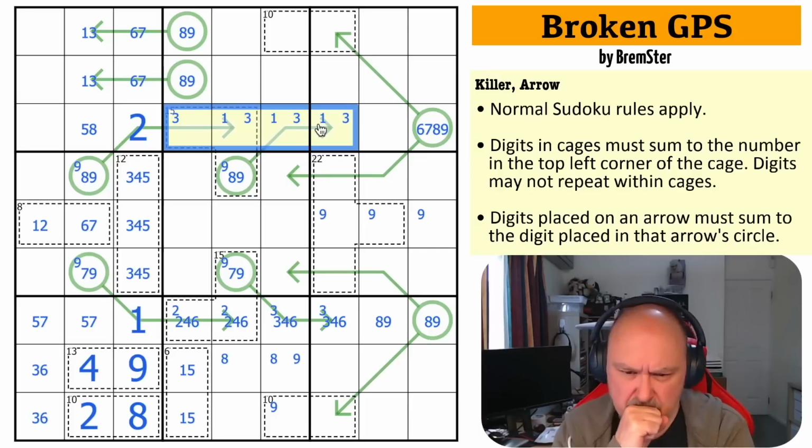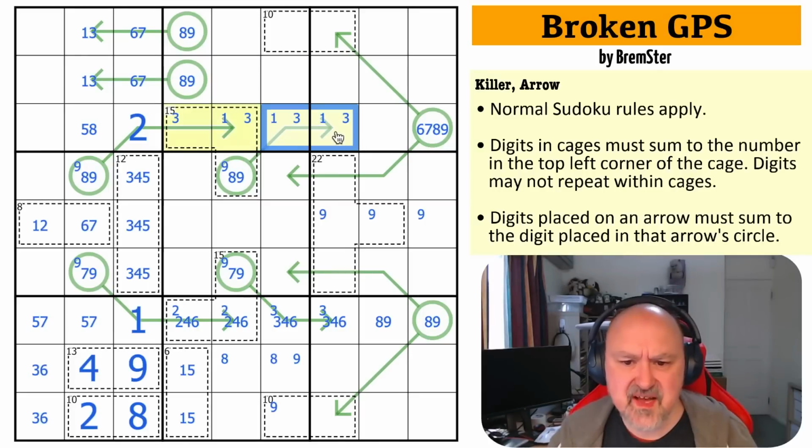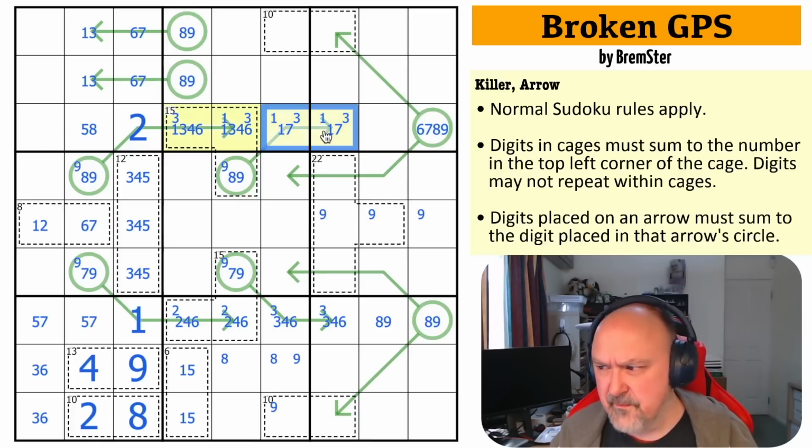So if this is... Hang on, this can't be 1, 3, 4, 7. Where would I put the 7? Oh, this could be 1, 7, 8, 2, 4, 3, 4, 9. No, I could. So it's either 1, 7, 3, 4, or if it's 1, 3, 5, 6. I couldn't put this would be 1, 6. And this would be 3, 5.